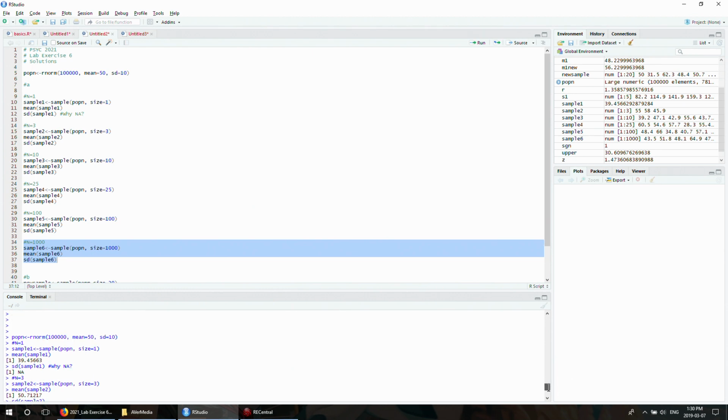Anyway, what you should be seeing is that as the sample size goes up, the standard deviation should go down. It should plateau kind of quickly, maybe around 20 or 30 people. Your sample should start approximating the population it's representing, and the mean should obviously go close to the population mean.